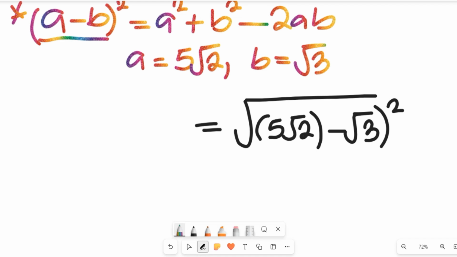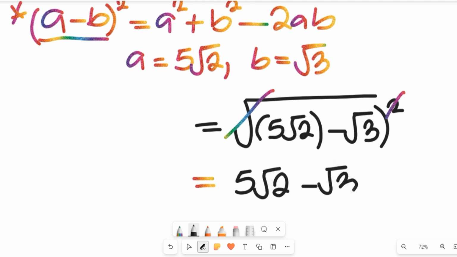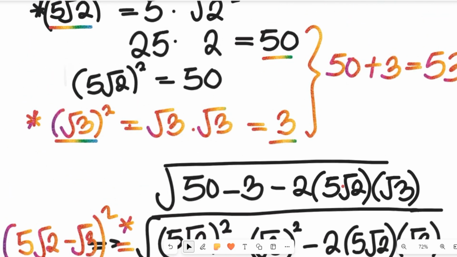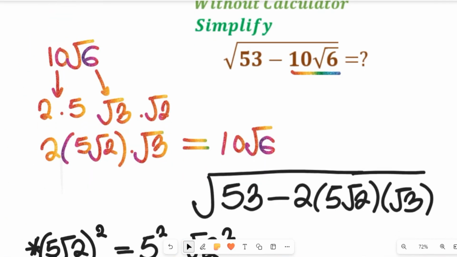From this solution you can see that the square root clears the square. So what does that tell us? That this expression will be equal to 5 root 2 minus root 3. And that is the solution to that simplification that was given to us.